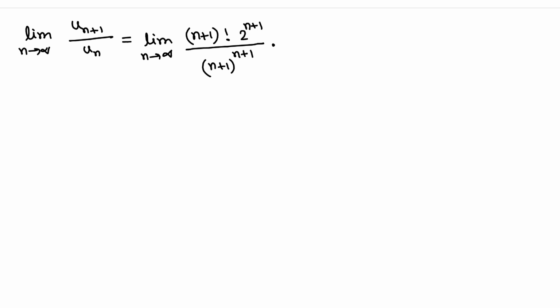So un will be reversed, so this will be n to the power n divided by n factorial into 2 to the power n. Now simplify.